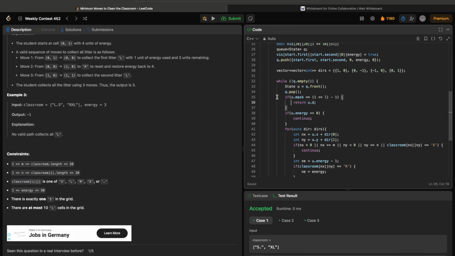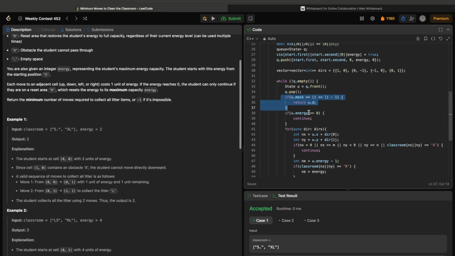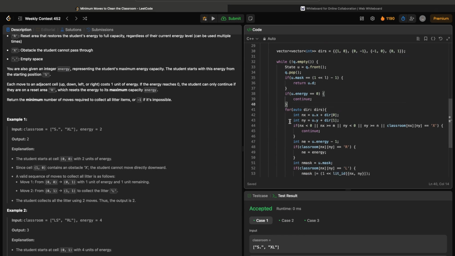You will return that because you have collected all the litter from that classroom. And if your energy is 0, you won't be able to move to the next cells, so you won't be applying the operations again.